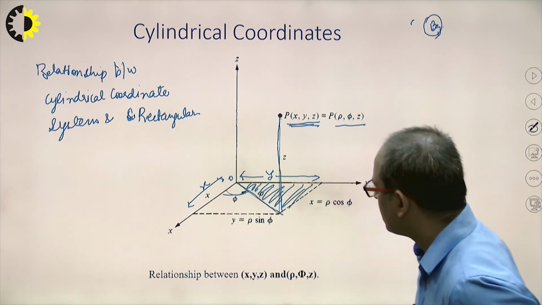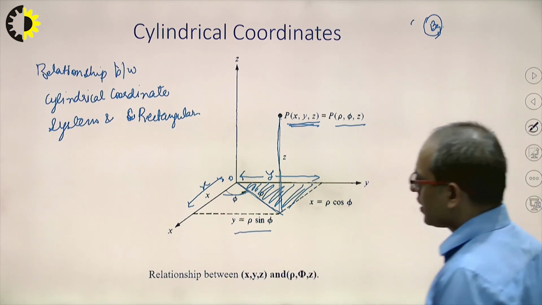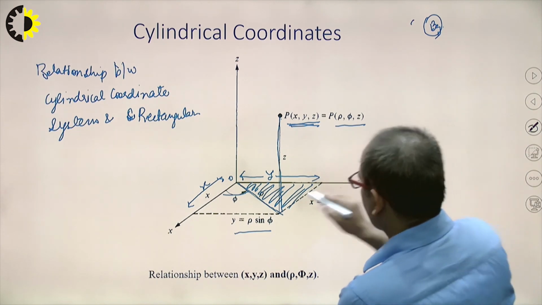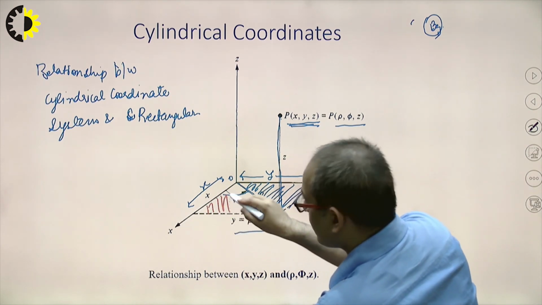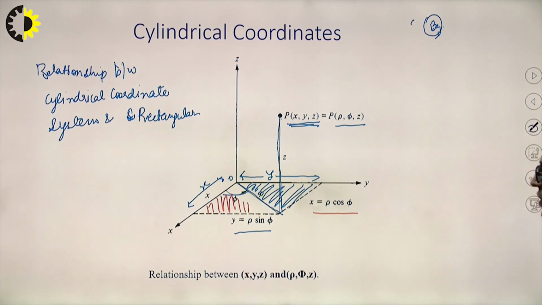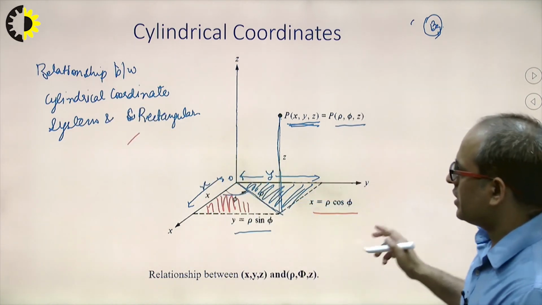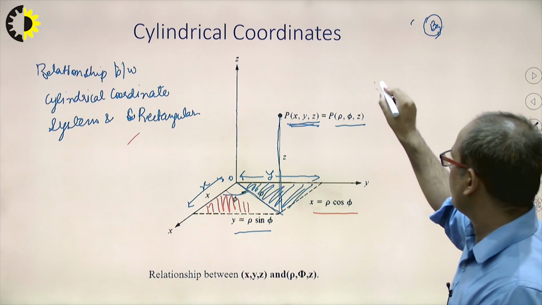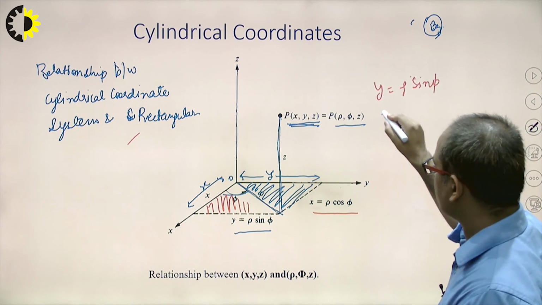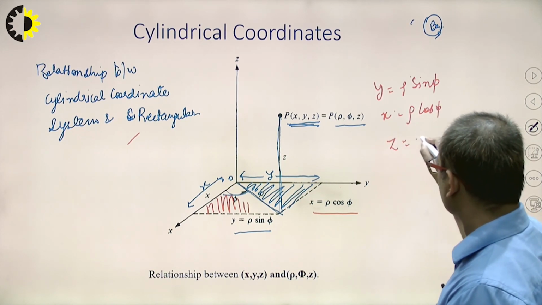Now you will see here, using this triangle, y equals rho sin phi, and using this triangle, x equals rho cos phi. So the relationship between the cylindrical coordinate system and the rectangular coordinate system is: y equals rho sin phi, x equals rho cos phi, and z equals z.